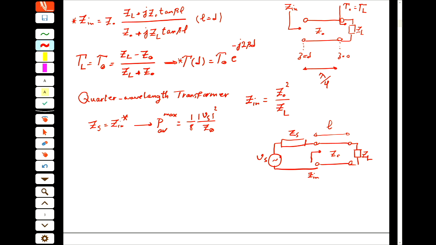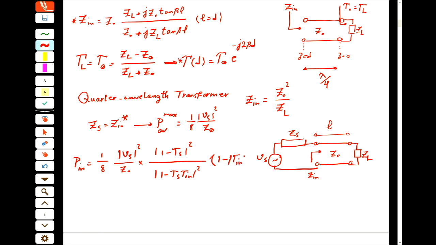So the formula that we had here is like this, that the power that we can deliver to the load equals 1 over 8 Vs squared divided by Z naught multiplied by (1 minus gamma S squared)(1 minus gamma in squared) divided by (1 minus gamma S gamma in) squared.